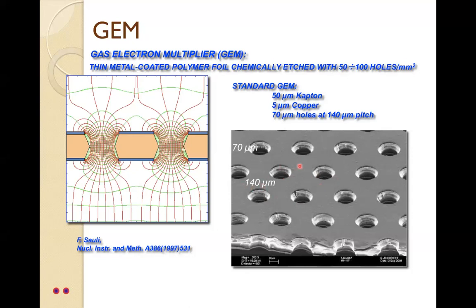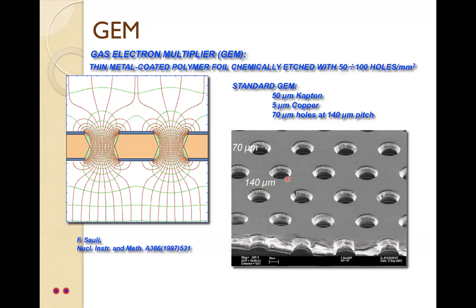So now you can imagine how small the holes are that are created to make the GEM foils. These are done at CERN, but nowadays in India also there is one company in Bangalore, and another company in Hyderabad. They have also started fabrication of at least small size GEM foils. So nowadays in India also GEM foils are built.